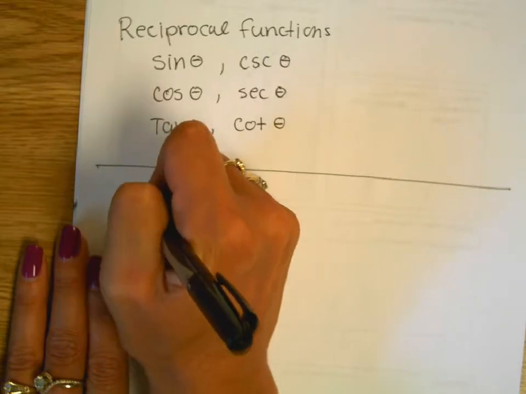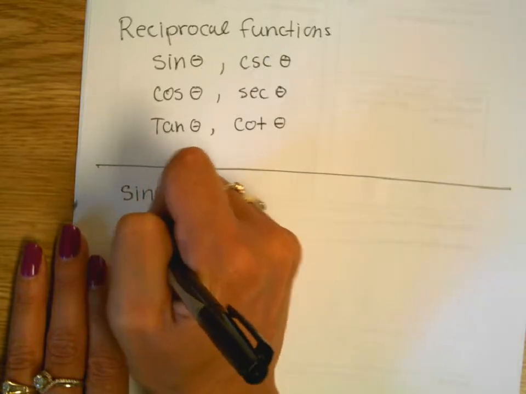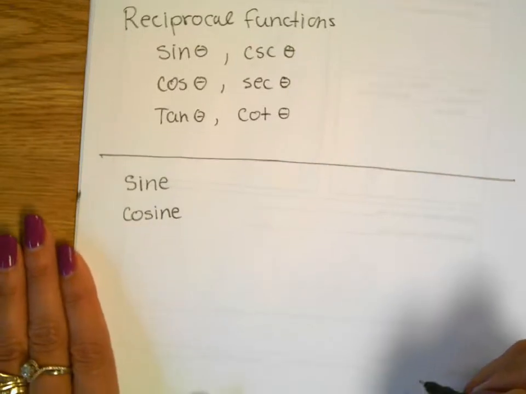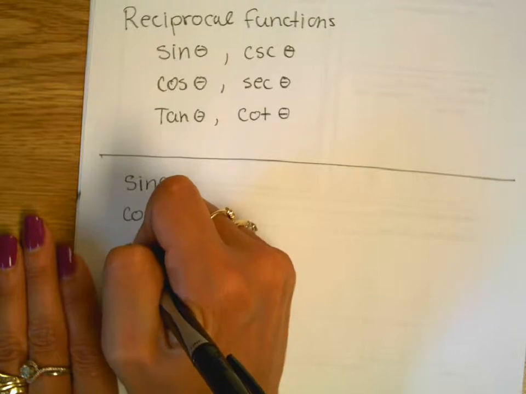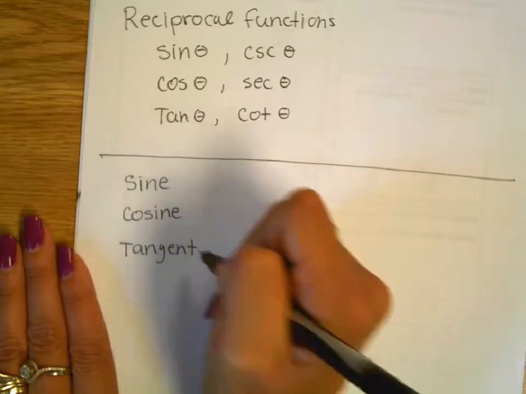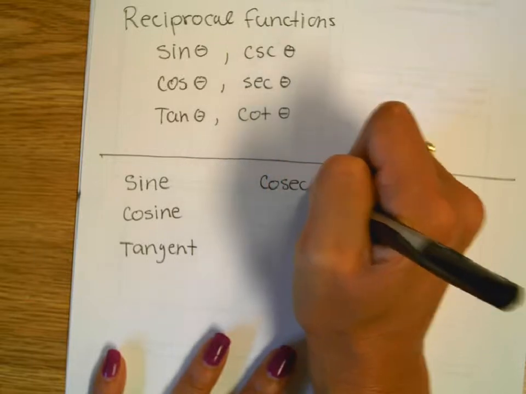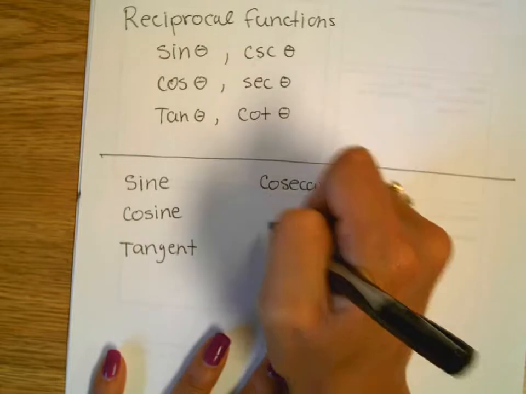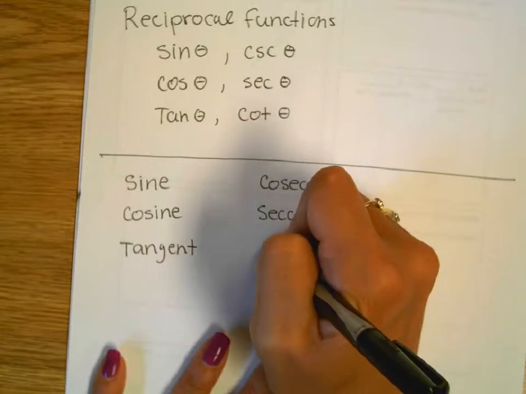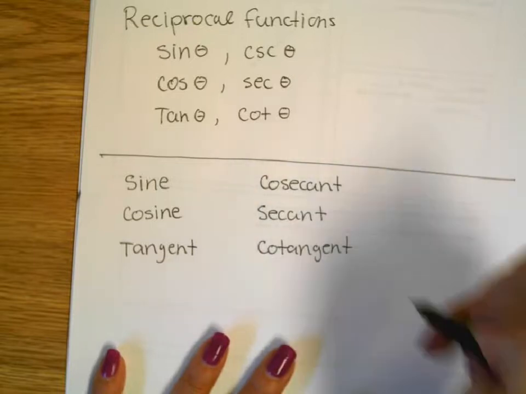Okay, we have sine, cosine, tangent, cosecant, secant, and cotangent.